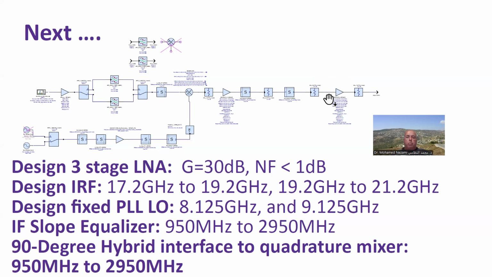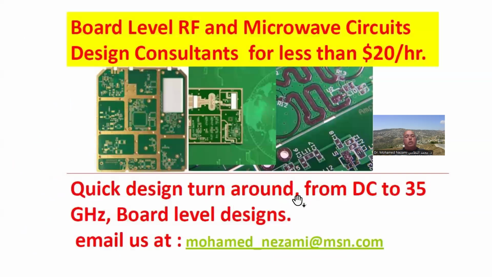So that's very simple to do, and you can look that up. People have written about this, and it's well defined and illustrated in radio frequency design books. Just type gain equalizing for amplifiers. Okay, and then the 90-degree hybrid, of course, we have to get it to perform well between 950 and 2950, because as you can see, the one I saw in the industry didn't really achieve that.